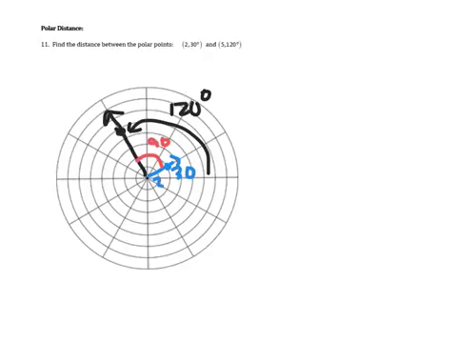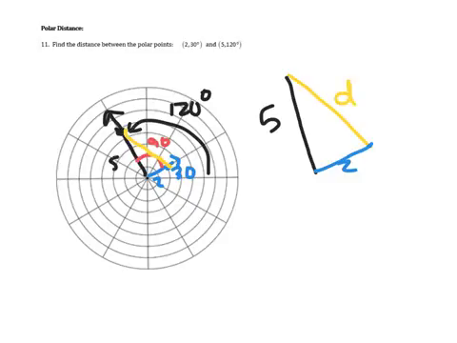So I went 2 this way, 5 this way, and I want to find the distance between these 2 points, hold on, let me change colors. This is 5, this is 2, I want to find this, and this angle in here is 90. That's basically just a blown up version. So this one you should be able to do with some basic knowledge.